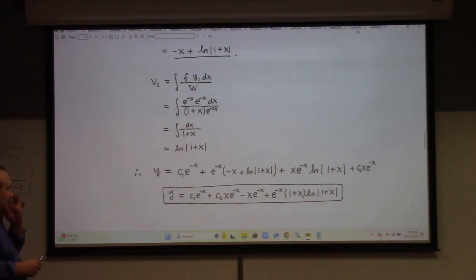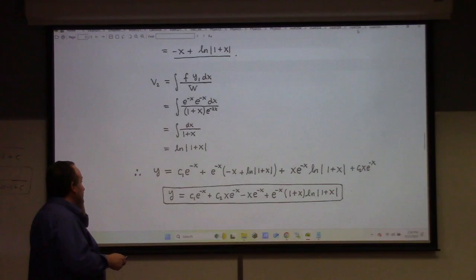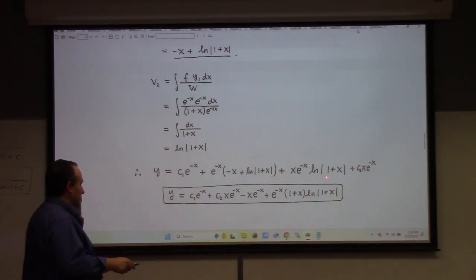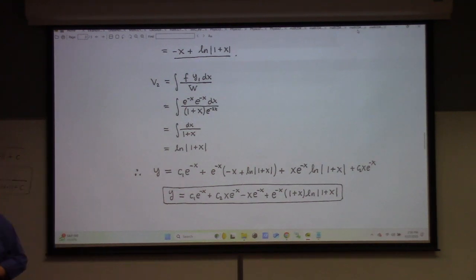The way you put it together is, well, I guess I just decided to add in the homogeneous solution this time, but it's y1 times v1 plus y2 times v2. And sometimes when you do that, some stuff simplifies down, but whatever, that's it anyway.